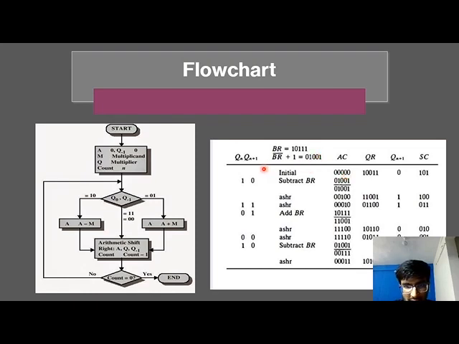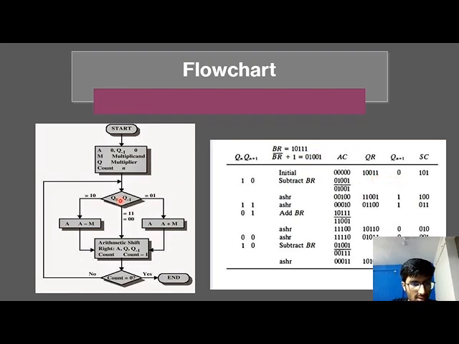AC is the accumulator and QR is 10011. Initially Qn, the least significant bit of QR, is 1 and Qn plus 1 is 0, and the sequence counter is 5 because we have 5 bits. So Qn and Qn plus 1 is 10.